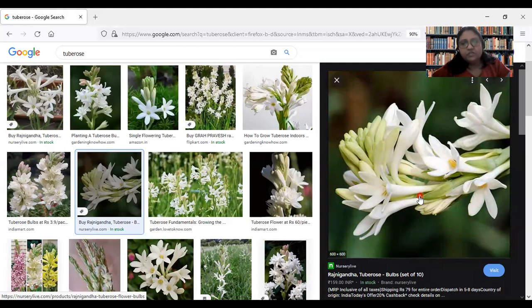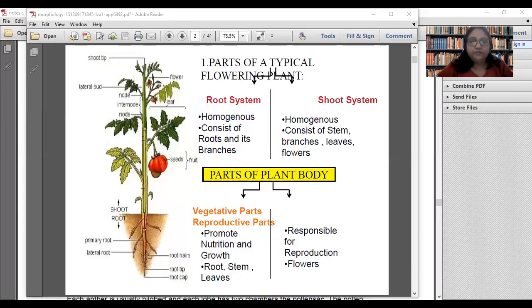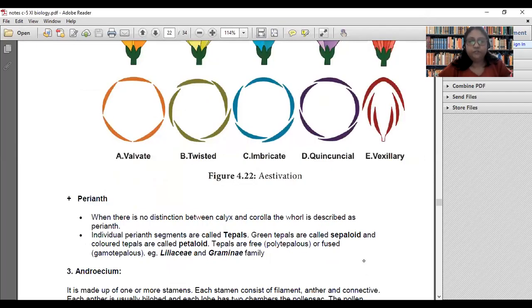So this type of structure is known as perianth. What is perianth? Perianth is a structure where petals and sepals are fused.